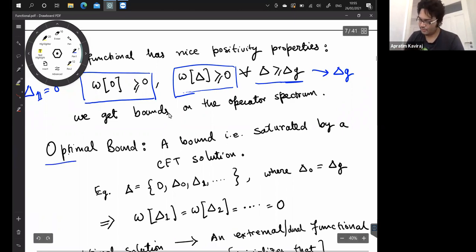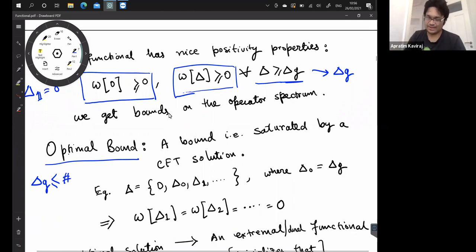So we call this an optimal bound if you know a CFT that saturates the bound. By that I mean that, for example, suppose you have delta G less than or equal to something, and you know a CFT that has delta G equal to this, so it saturates the bound. That's what I mean by saturation.